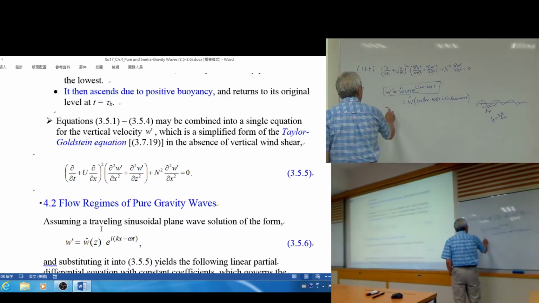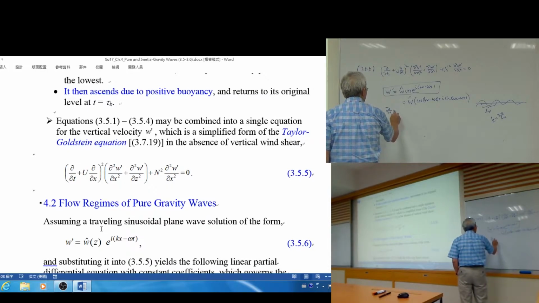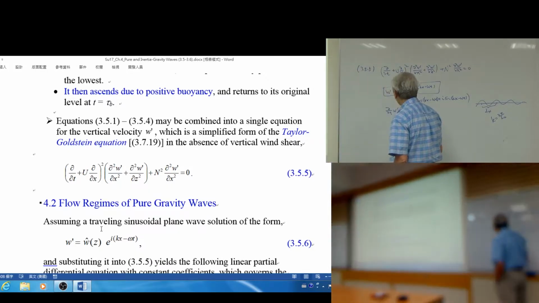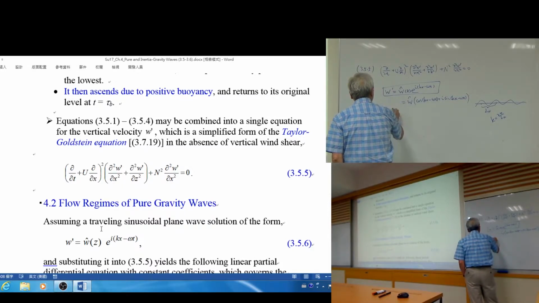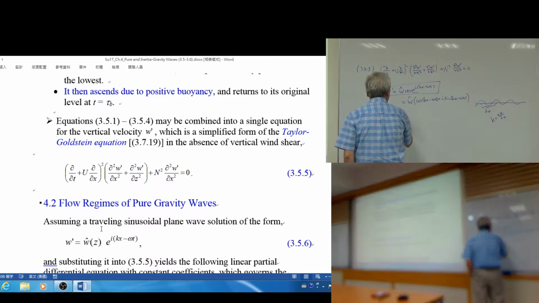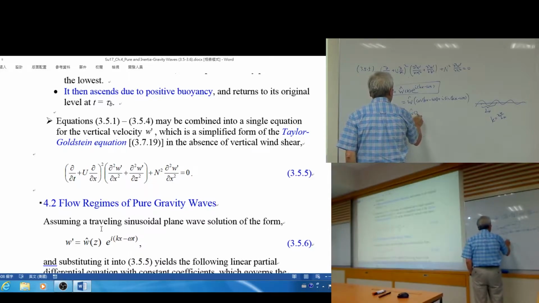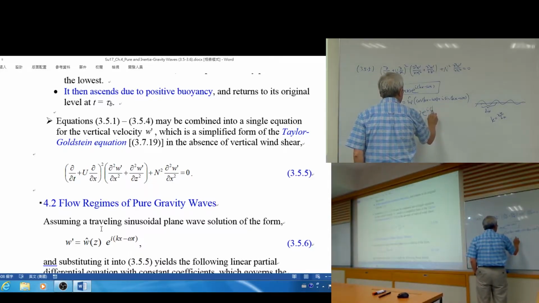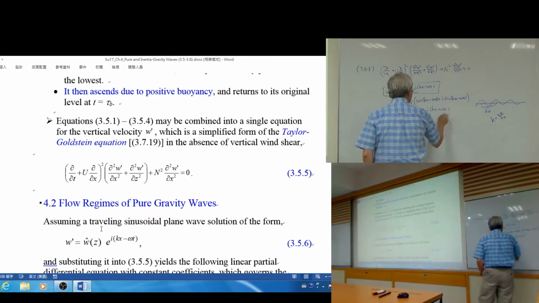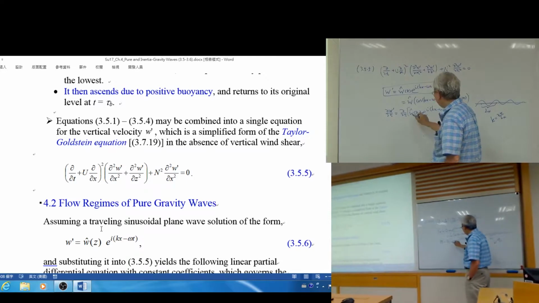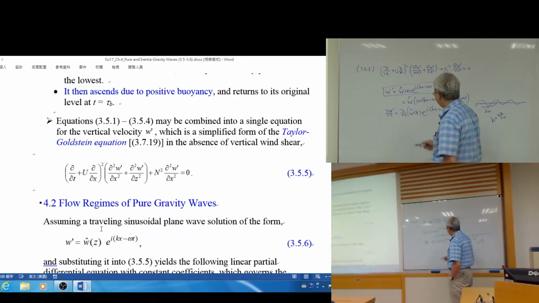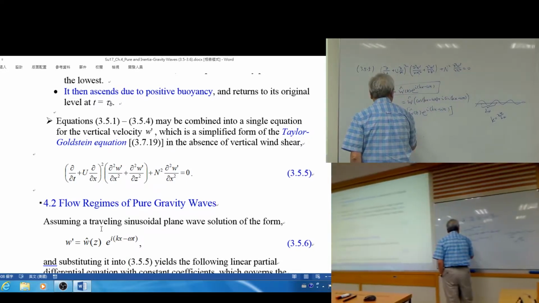When you take d/dt of w prime, that would be d/dt of W hat of g times e to the i(kx minus omega t). Since W hat of g is independent of t, we can pull that out.